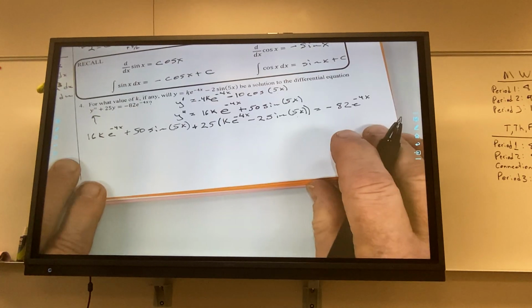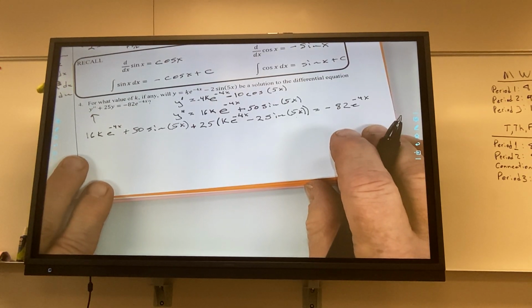My gosh, it's long. I can't believe I didn't fall off the page.